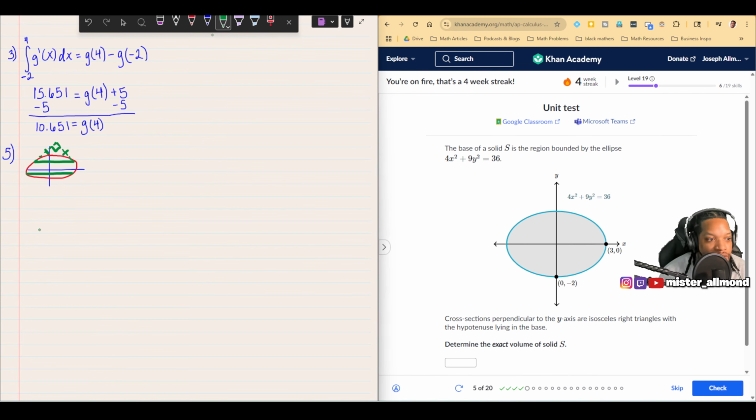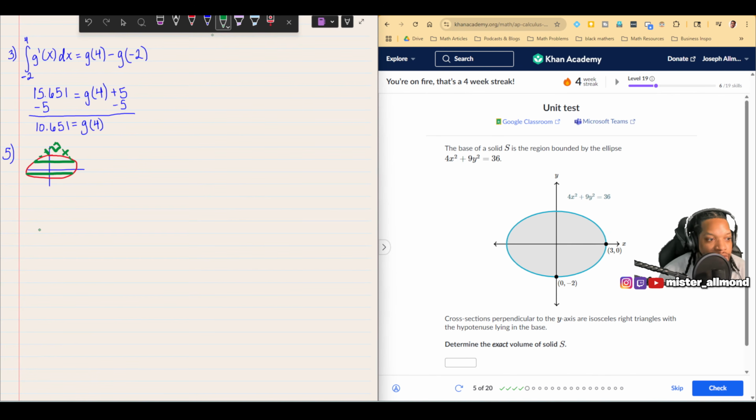And so essentially all I got to do is figure out the area of one of these triangles. Hold on, let me make this a little skinnier. Find the area of one of these triangles, and then I just integrate that from, let's see, if I'm perpendicular to the y-axis, so my bounds should be y values.